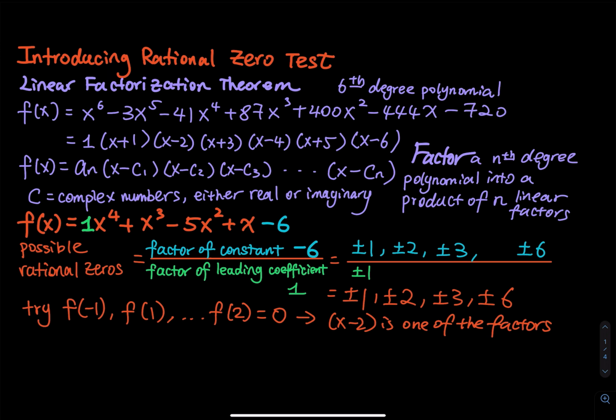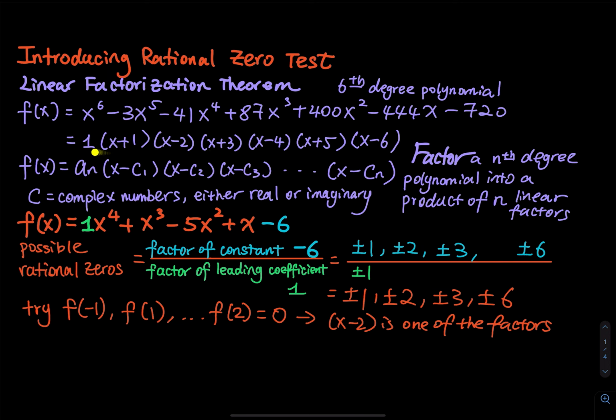All right, and then your next question mark is, hey, all right, I get it, f of 2 equals 0, but I don't get this part. x minus 2 is one of the factors. Hey, what is this? Okay, let me explain that to you. So let's go back to the 6-degree polynomial, plus 1 minus 2 plus 3. So look right here. What happens when I set that equal to 0 to solve for x? What do I get?